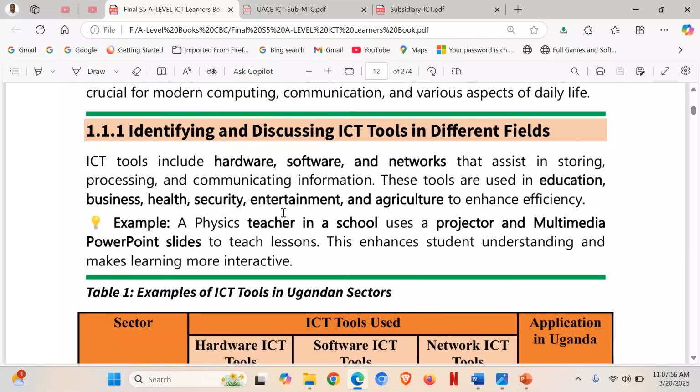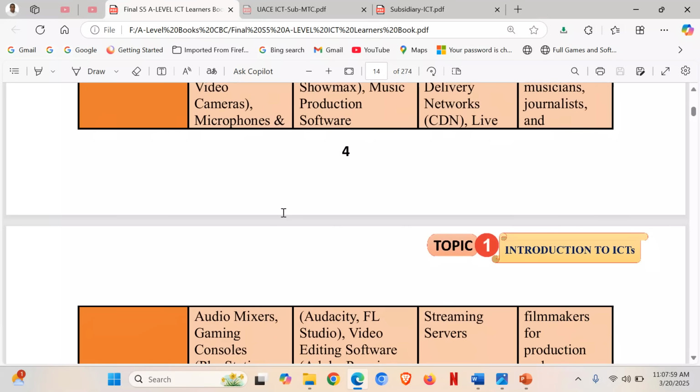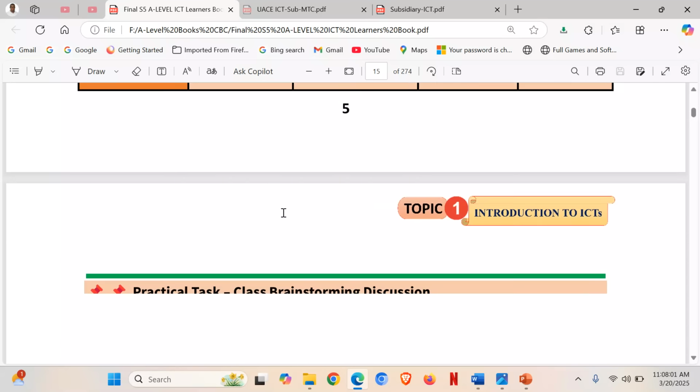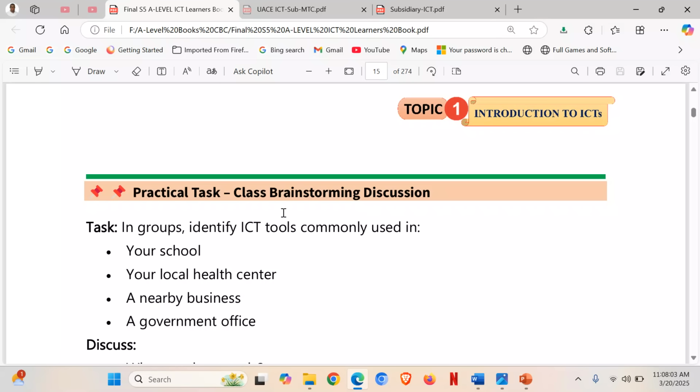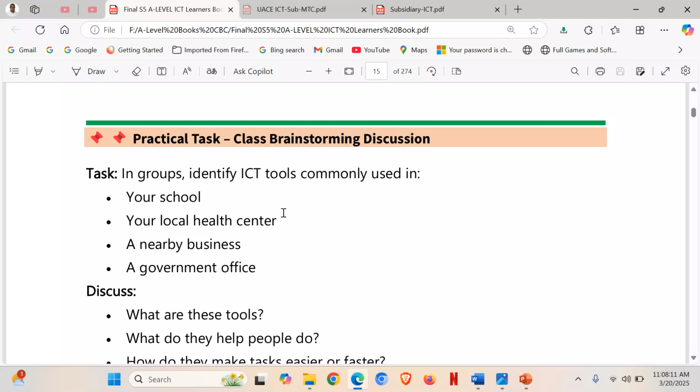Let's proceed. Now, from there, we should have at least a practical activity, a practical task, class brainstorming discussion. Task. In groups, identify ICT tools commonly used in your school, your local health center, a nearby business, a government office.